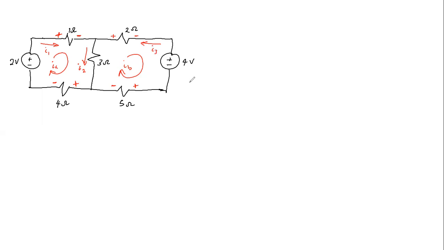So in other words, the actual current I3 direction is the same as the negative of IB. So you must take note of this, while IA flows in the same direction as I1. So let us move on.